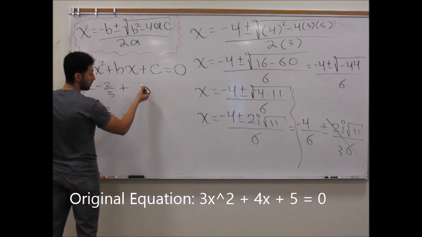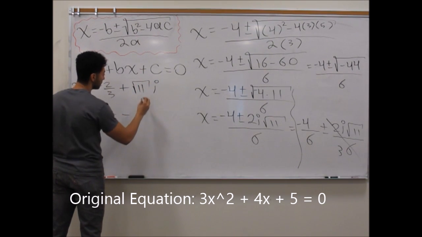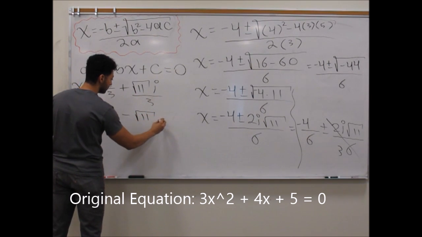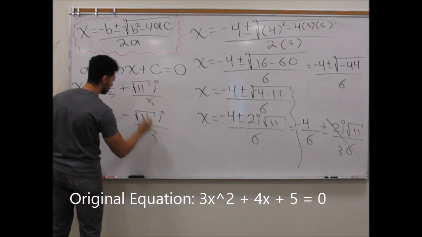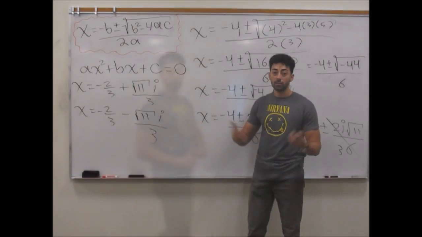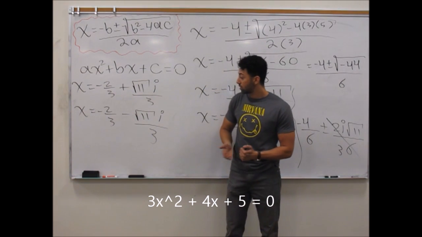So you get rad 11 i over 3, and then you get rad 11 i over 3.